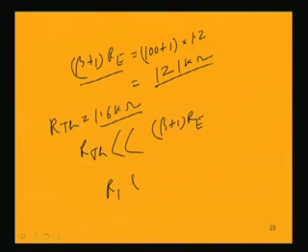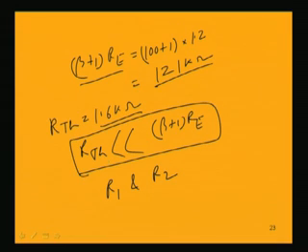We can design the biasing scheme very effectively by choosing the values of R1 and R2 to be quite small, so that we can maintain the condition R Thevenin, which is nothing but R1 parallel R2, less than beta plus 1 times Re.